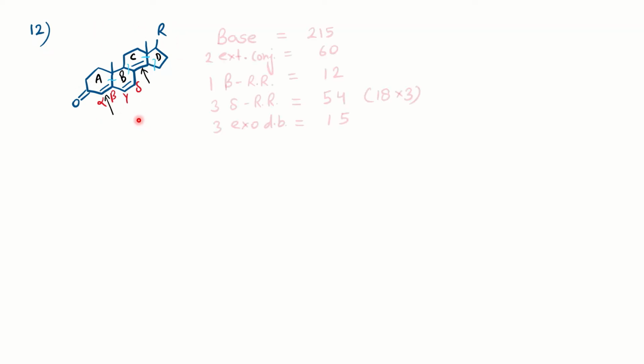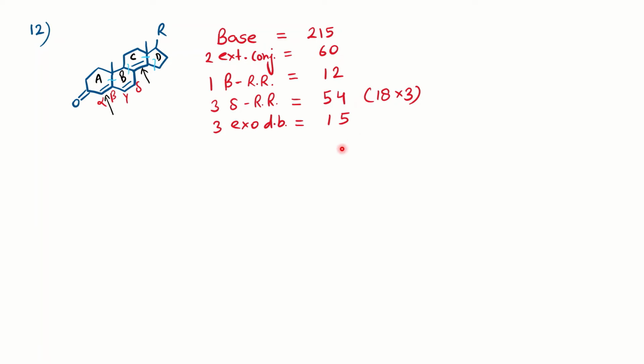You can verify your answer the same way with your checklist: base value, extended conjugation, whether it has a homodiene component, increments, and finally the exo. There are a total of 5 checklist items. Don't miss any, because then you will have a wrong answer. For the following compound, you have 356 nanometer as the lambda max value.